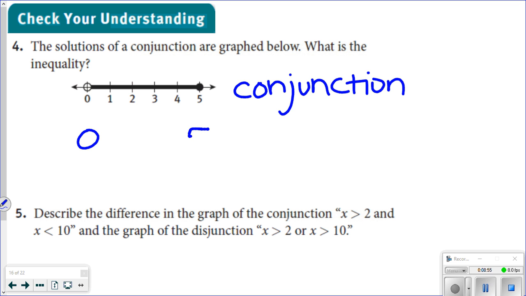Furthest to the right, our maximum or endpoint is 5. We're shaded in between, so I need all x values in between. Remember, our signs point the same way. So x has to be greater than 0, and it's an open circle. X has to be less than or equal to 5. Put your or equal to line under there because it's a closed or filled in circle.